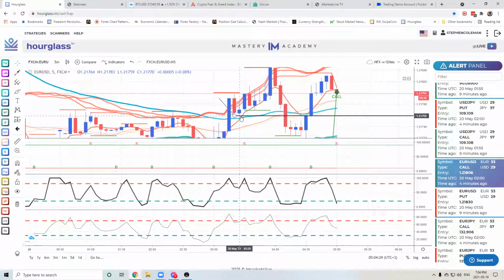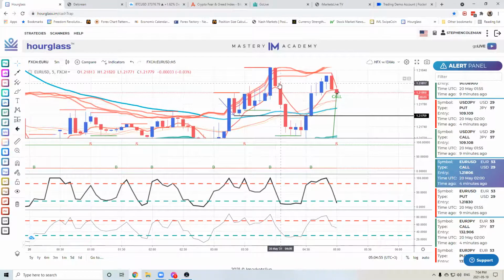So what that tells me is that at the price level of 1.21759, a whole bunch of sellers came in and were selling off, and all of a sudden buyers came in and took over. We had two nice big lovely blue candles here coming up from that level. So what that tells me is that history is probably going to repeat itself. That's typically what happens, especially on financial charts.